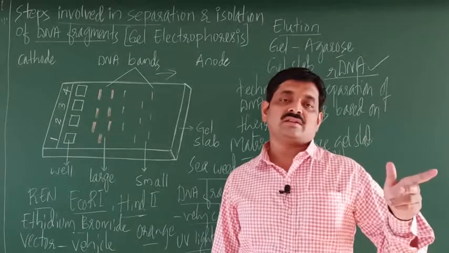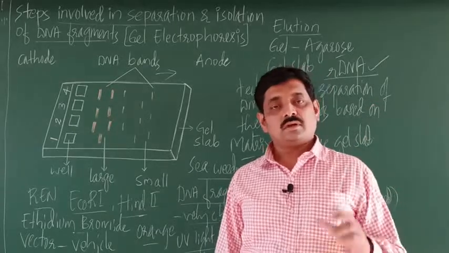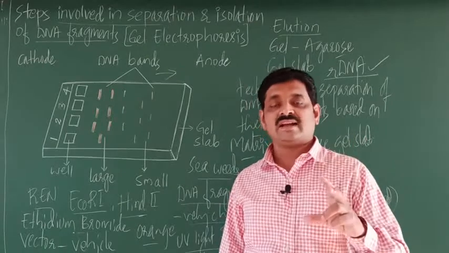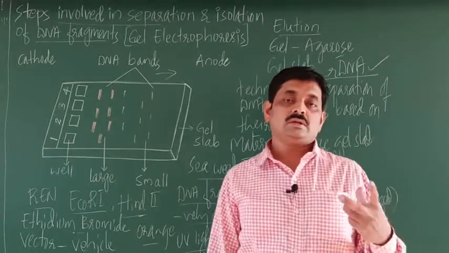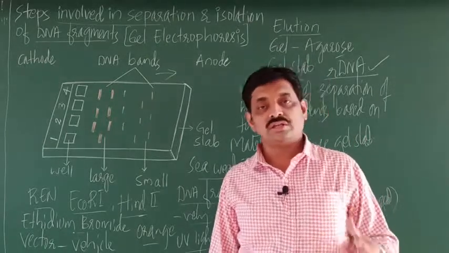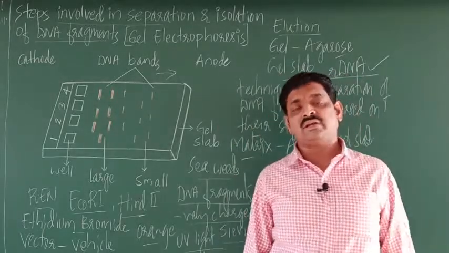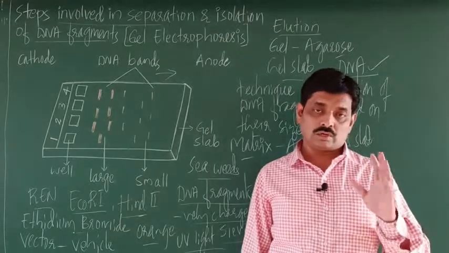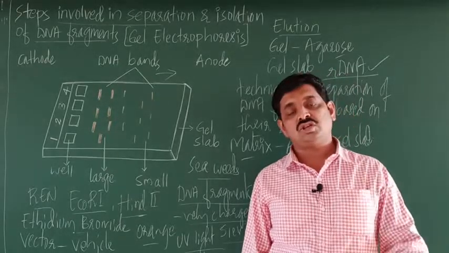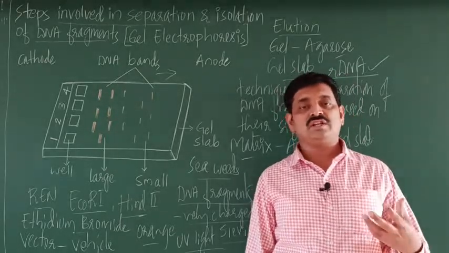What happens to that desired gene in the host? In the host, the desired gene multiplies, meaning gene cloning takes place in the host. So the host cell is mainly used to clone the desired gene, and that step is called gene cloning.